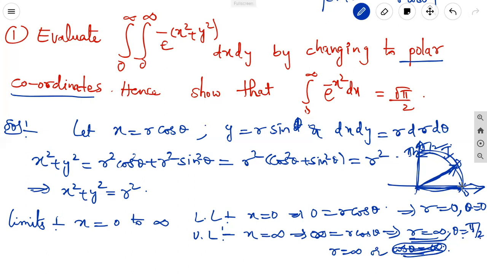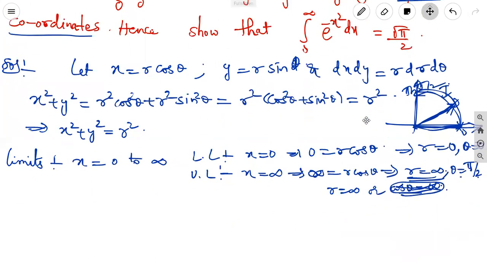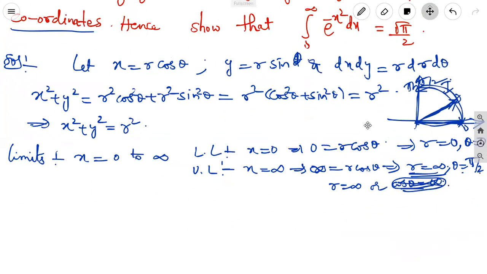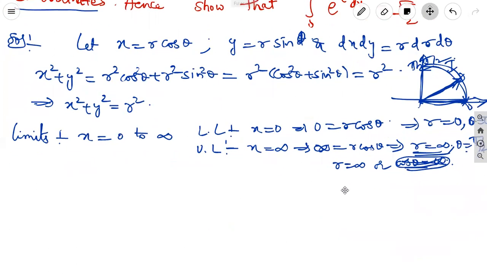Why? Because x and y both are 0 to infinity, which means we are concentrating on the first quadrant. So the angle should be theta equal to 0 to pi by 2.